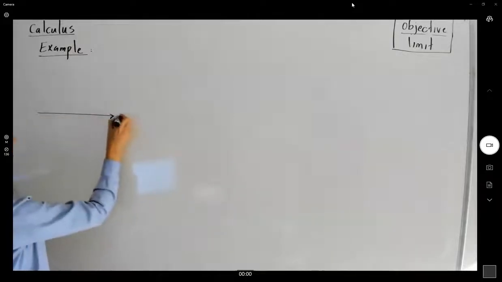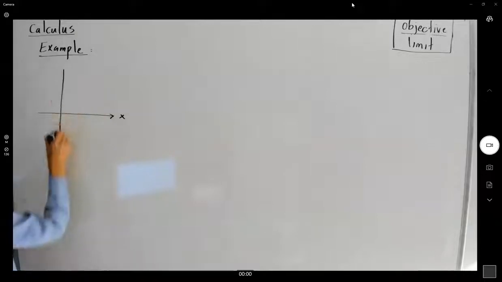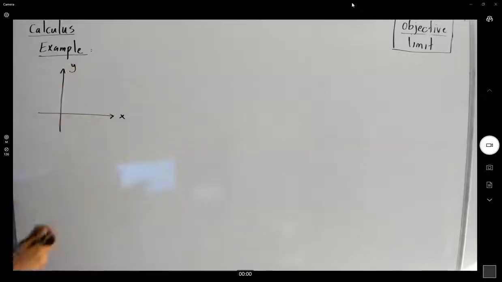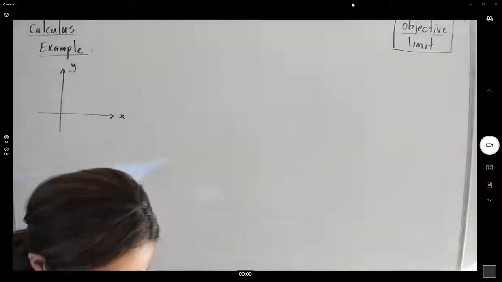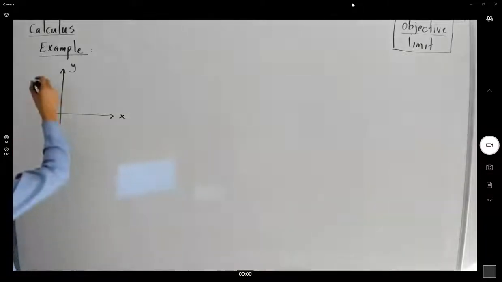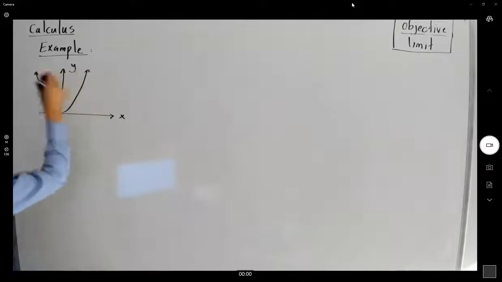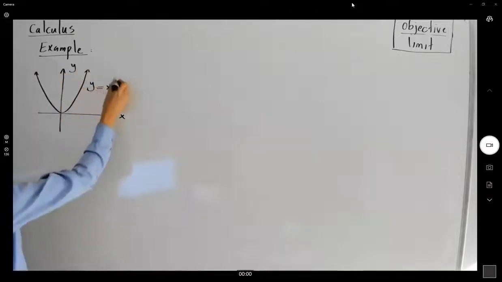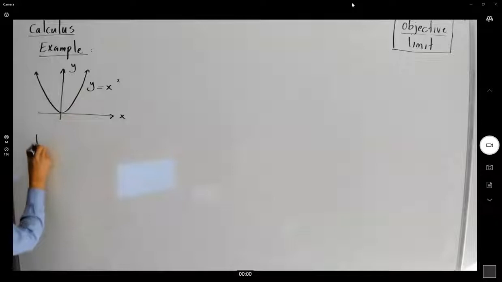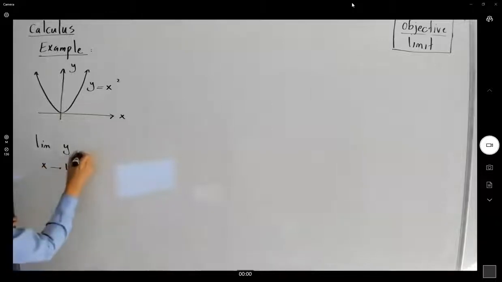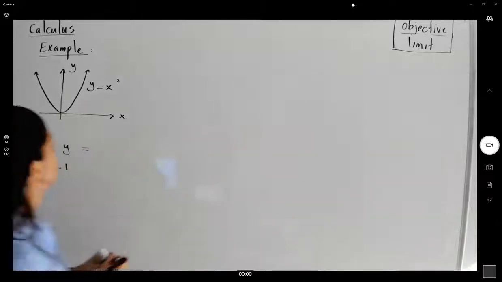Suppose you have this function. I'm going to give you y equals x squared, and I'm going to ask you to find the limit of y as x approaches 1.